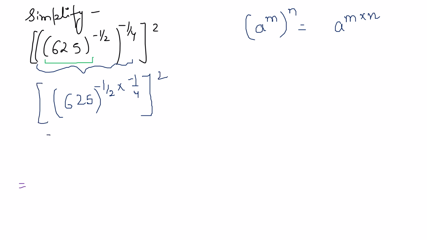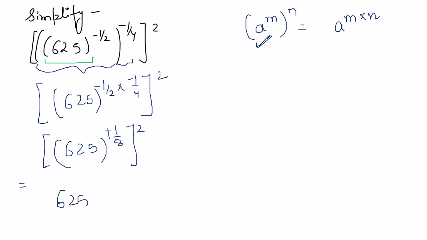So it will become 625 to the whole power minus 1 by 8. Minus and minus will become plus, 1 by 8 to the whole power 2. Again you have to apply the same property, a to the power m into n. So you get 625 to the power 1 by 8 into 2, which will give you 625 to the whole power 1 by 4.